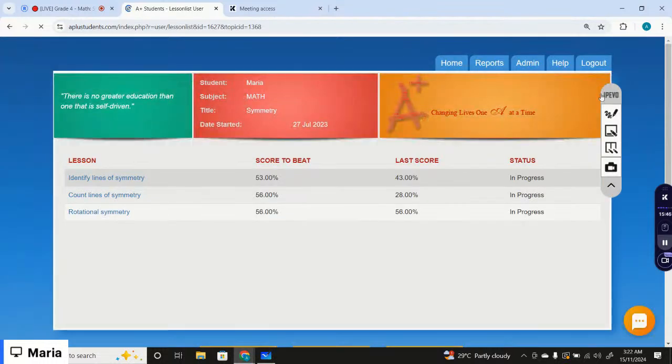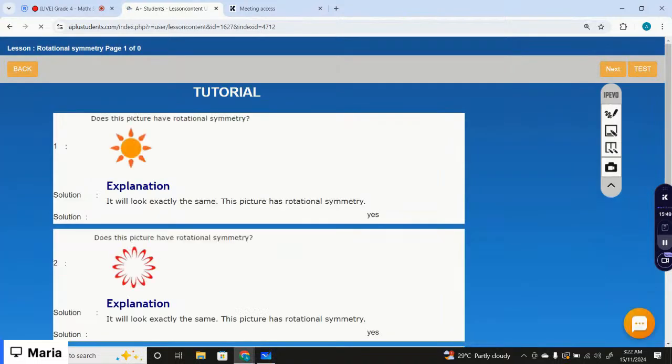The next lesson is rotational symmetry. Does this shape have rotational symmetry?